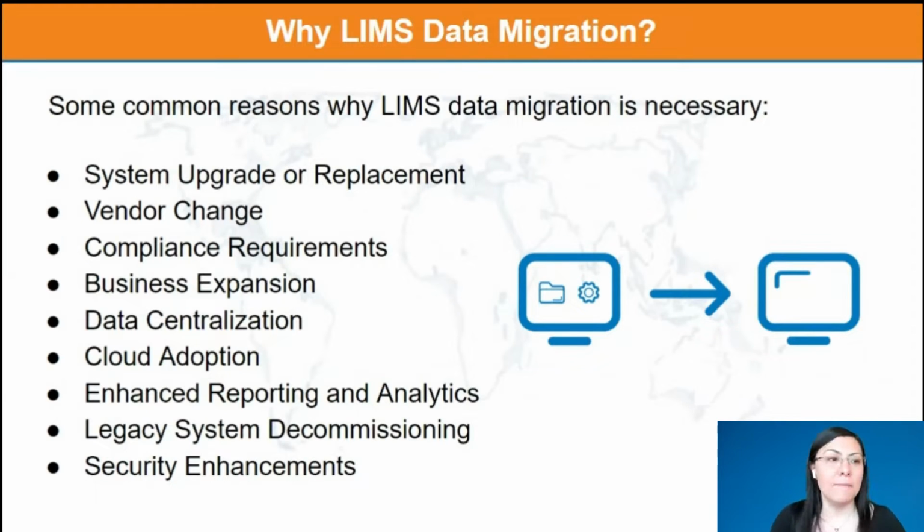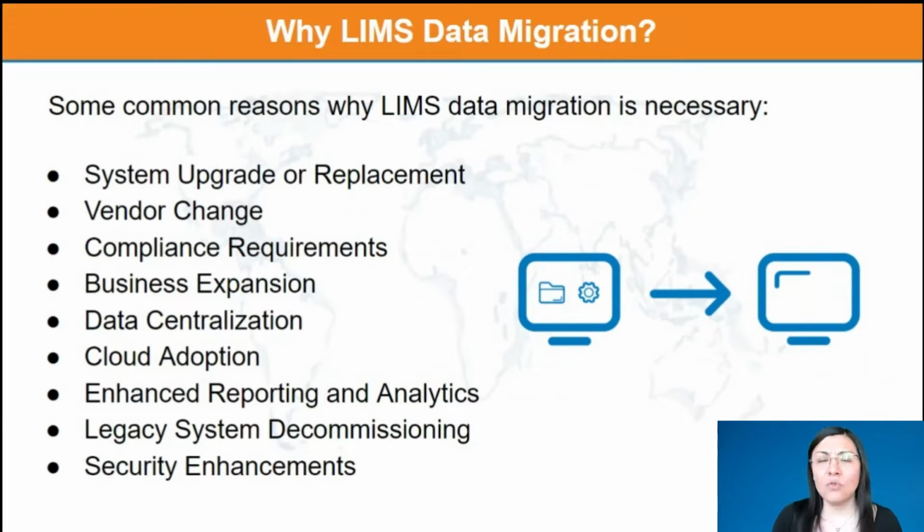Another one is business expansion. We often see mergers, acquisitions, or expansions, and then we need to consolidate data from different locations into a unified LIMS. Also, labs might need data migration because of data centralization or cloud adoption.